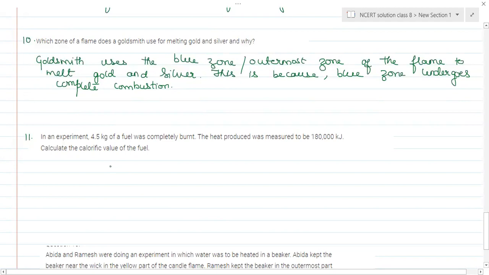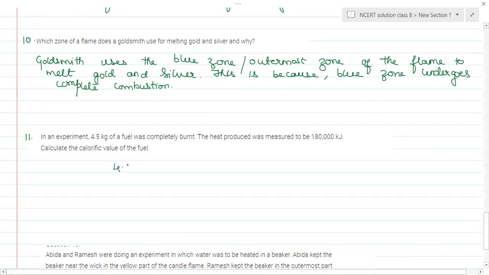That's a good amount of heat. Calculate the calorific value of the fuel. Now, it is a maths question like you do for your unitary methods. That is how you are supposed to be solving this question as well. 4.5 kilograms gives this much, so 1 kilogram gives how much, is the question, right?